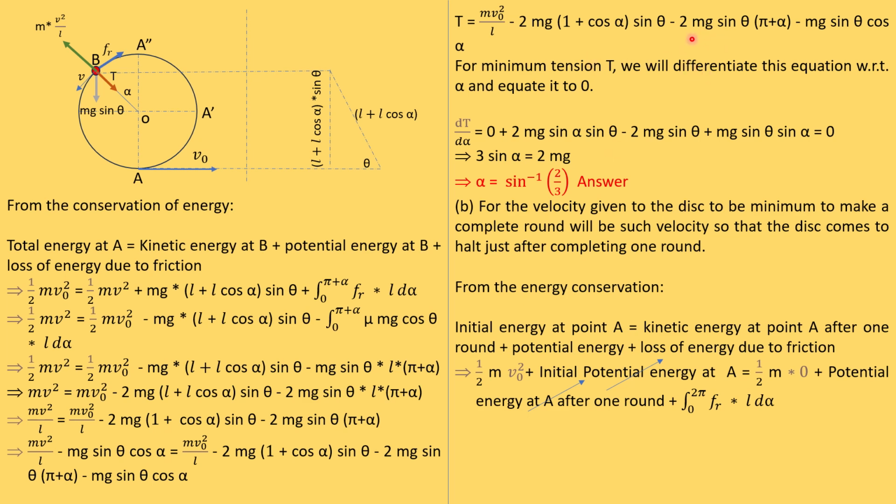And this will be minus 2mg sine theta times alpha. The derivative of alpha with respect to alpha will be 1. Cos alpha gives minus sine alpha, so this will become plus. Equate it to 0 and we see 3 sine alpha is equal to 2. So alpha will be sine inverse of 2 by 3. So this is your first answer.